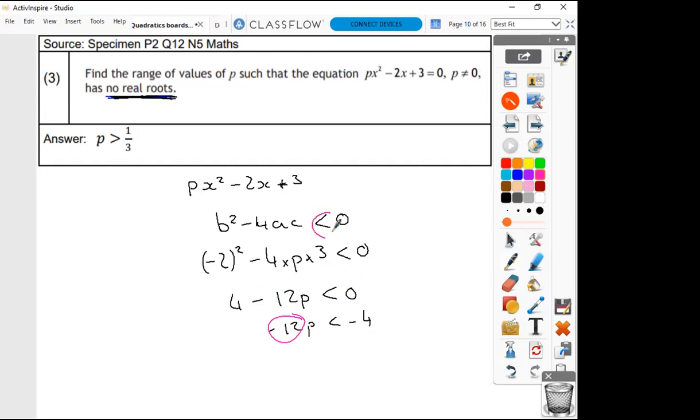Remember when we first seen these signs, greater than or less than, and we rearranged equations, there was a rule that when we take across a negative number to the other side, it flips that arrow around. So when we take that negative number to the other side, it stays a negative, but it flips the arrow around.